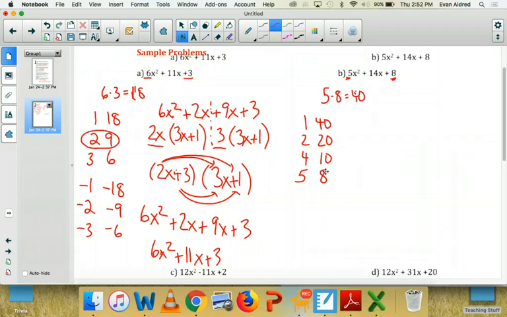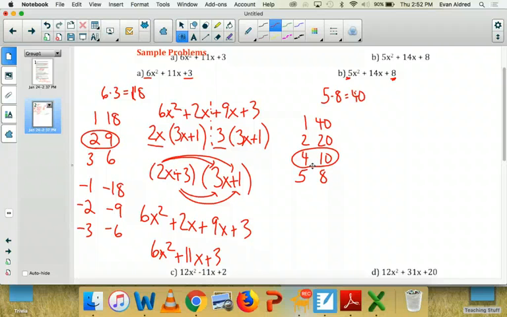And I get these values. Now, I could list all the negatives, but I can see that my answer is there. So negative 1 and negative 40, negative 2 and negative 20, negative 4 and negative 10, and negative 5 and negative 8 are all factors. But if I recognize that 4 and 10 add to give me 14, well, I can just stop right there. So we're going to take 4x and 10x, and we're going to decompose our 14x.